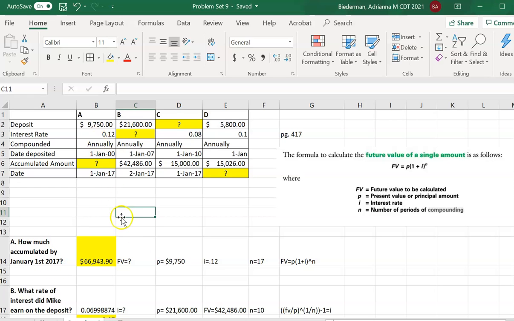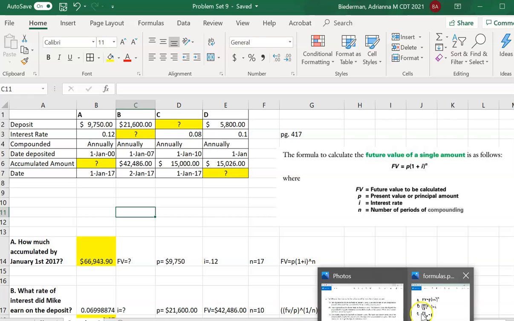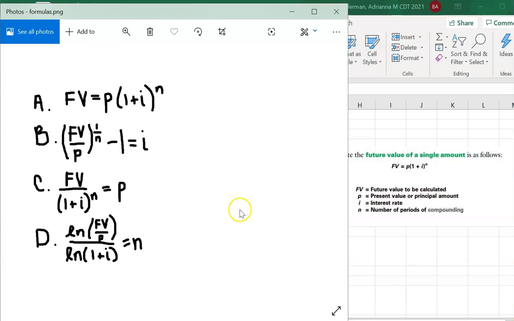So basically what I've done is just rewritten these values down here, and then this is what I've inputted right here. That's going to help me find the value of this. In this case, it would be the future value. In order to make it a little easier, I've drawn out the formula here.